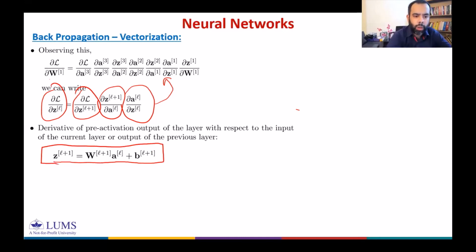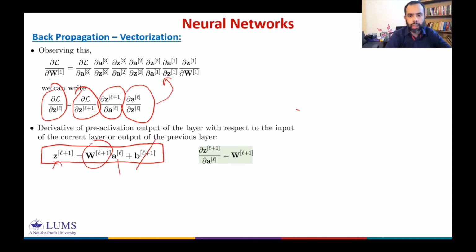A^L is the output of the previous layer and Z^(L+1) is the pre-activation output of the L plus 1 layer. If I take the derivative of this with respect to A^L, what do I get? W^(L+1). So the bias term is discarded and you only have W^(L+1).